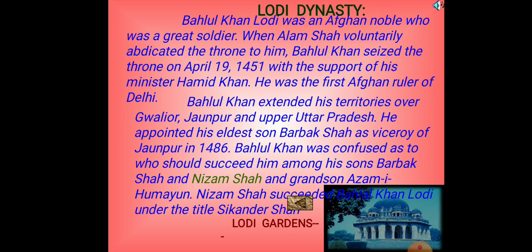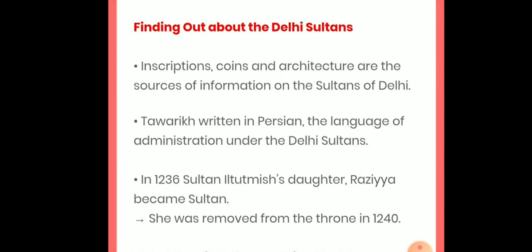Bahlul Khan was confused as to who should succeed him among his sons Barbak Shah and Nizam Shah, and grandson Azam-e-Humayun. Nizam Shah succeeded him under the title of Sikandar Shah. So we have the end of the 5 important dynasties of the Delhi Sultanate.